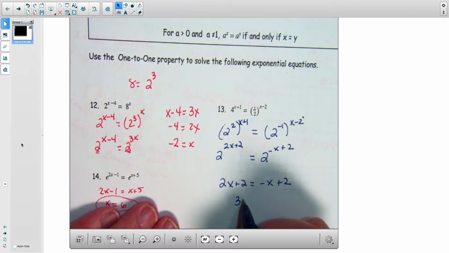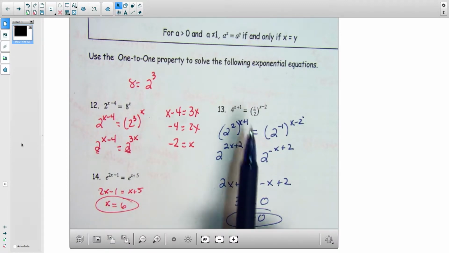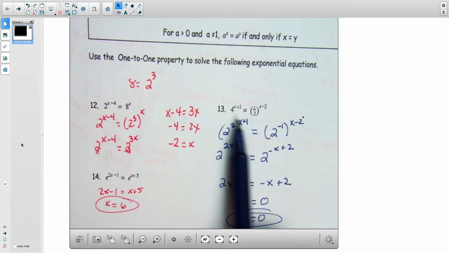Add the x over. Subtract the 2. And we get 0. So that'd be 4 to the first.